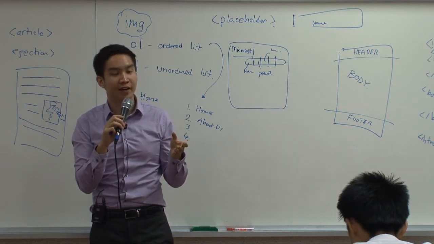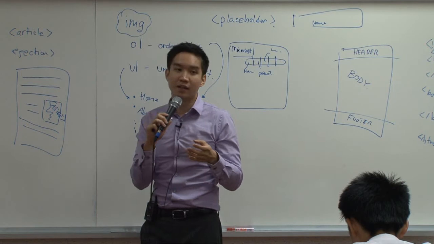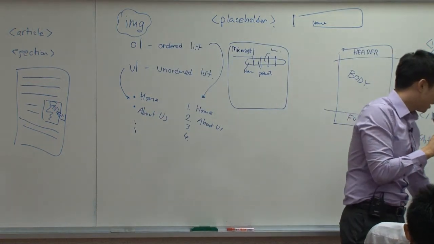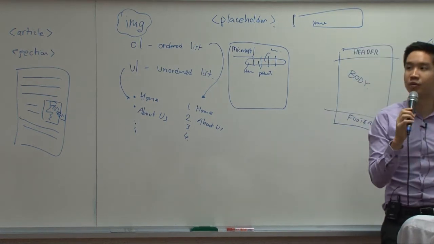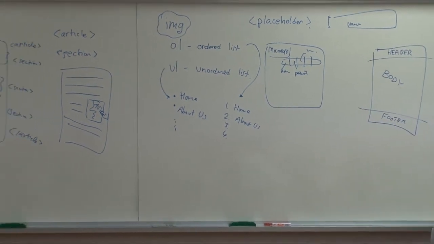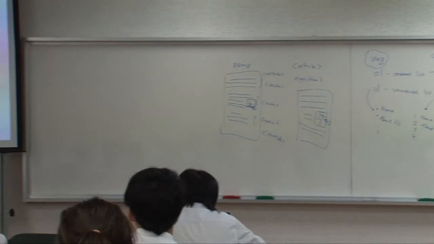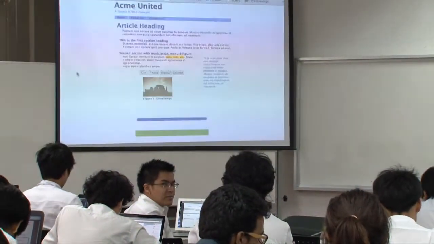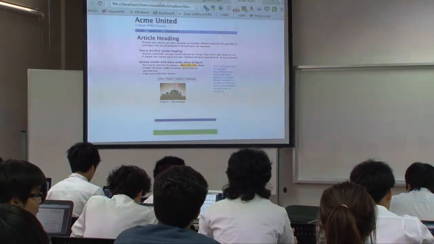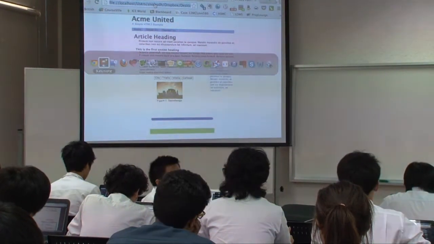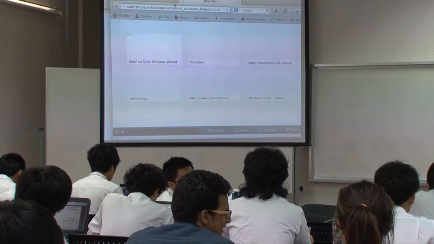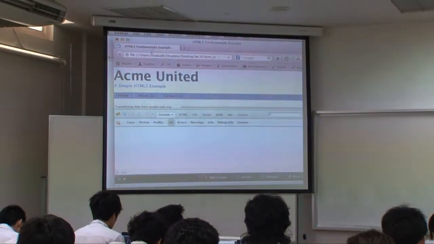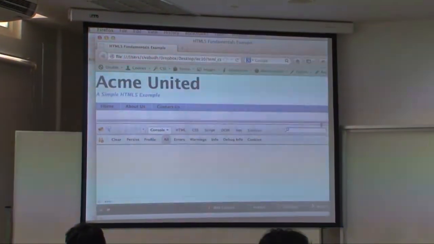for HTML5. Okay, and before we take a break, I am going to show you real quickly the page that we're going to be taking a look at, which I think I've already shown you. All right, so it's this page.